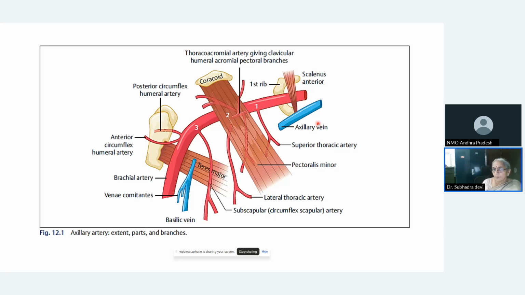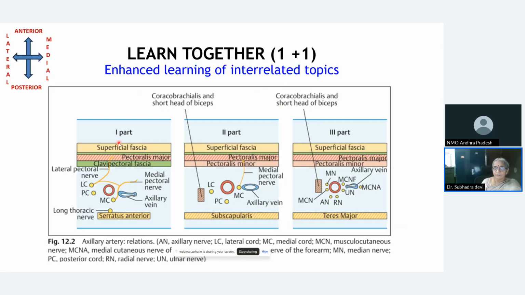That is another point you have to remember. And if you study about the axillary artery and its branches and its relations, it will be useful both for answering a question on relations of the brachial plexus and also axillary artery relations. All of you are having pictures like this in your books.